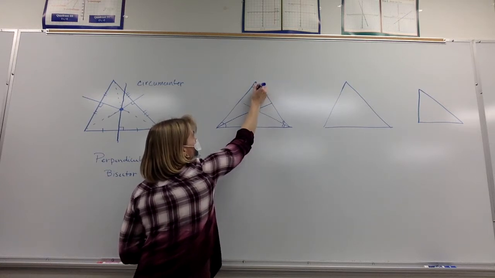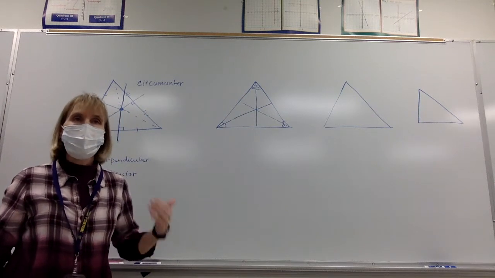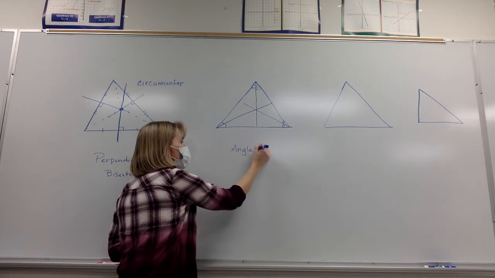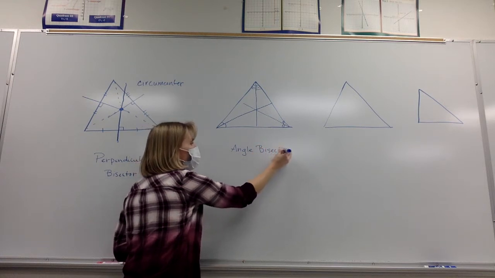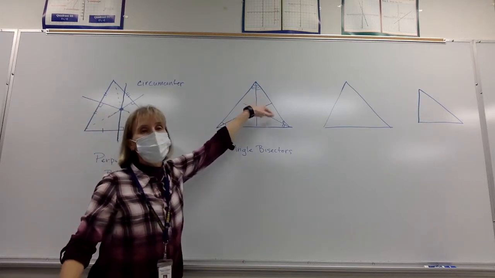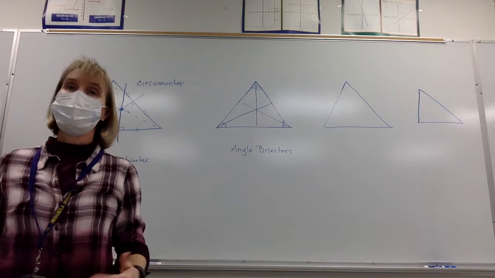Okay, and those angle bisectors, the only way that I know that these are angle bisectors is because I see the arc marks. If they're not there, then you don't know the angle's been bisected, unless the directions tell you that.